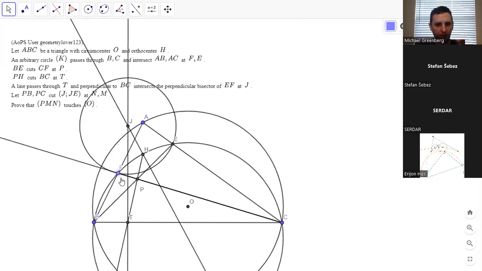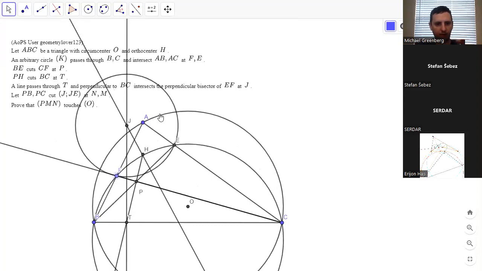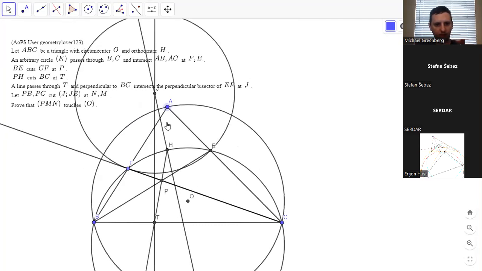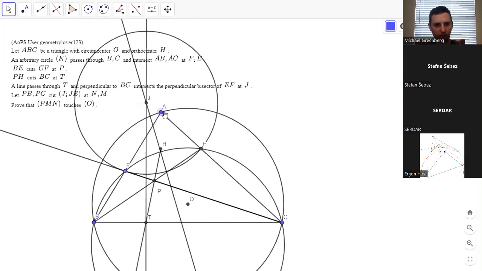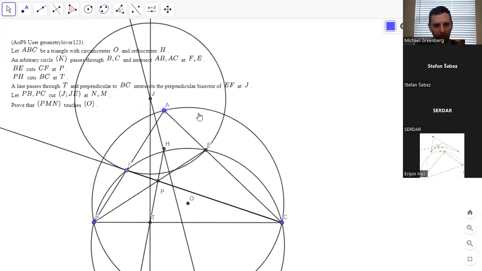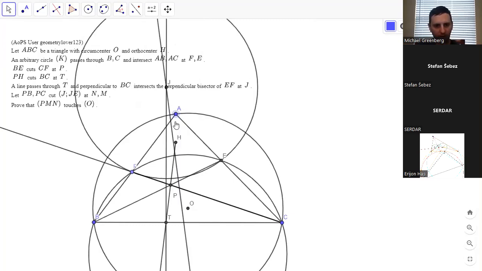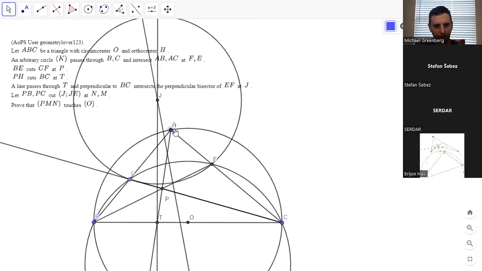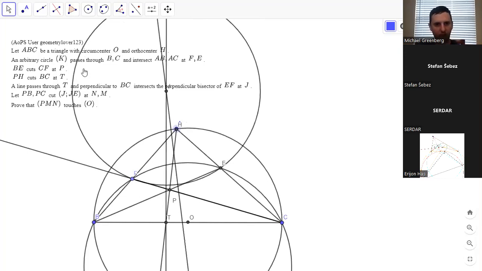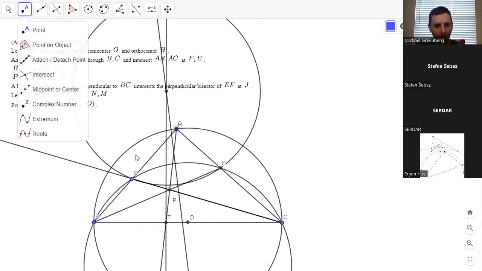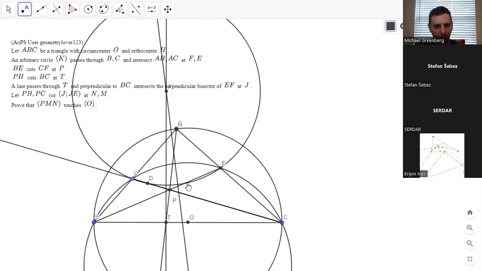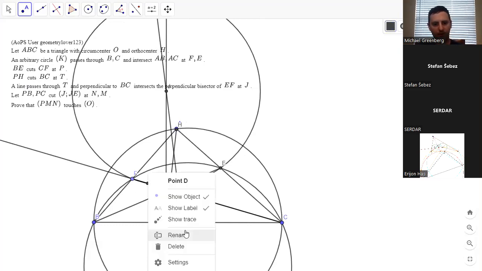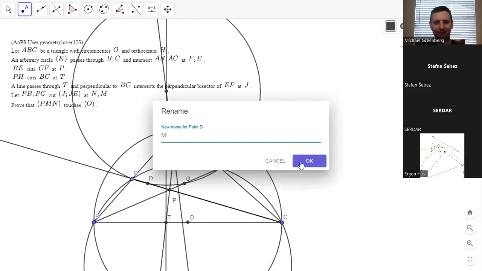It almost looks like CP is tangent to that circle. I don't want it to look like that, so maybe if I make it flatter. So we have this point and this point, so this is M and N. Yeah, this does look hard.